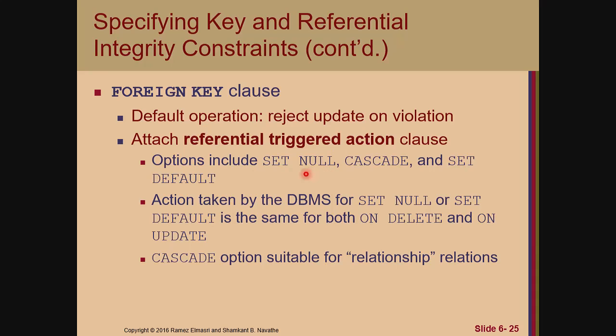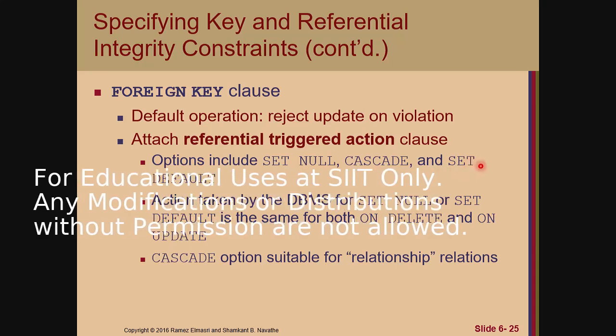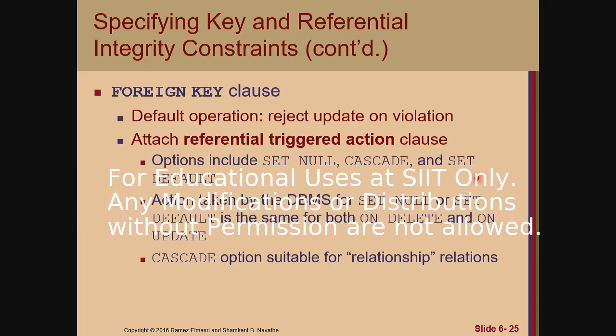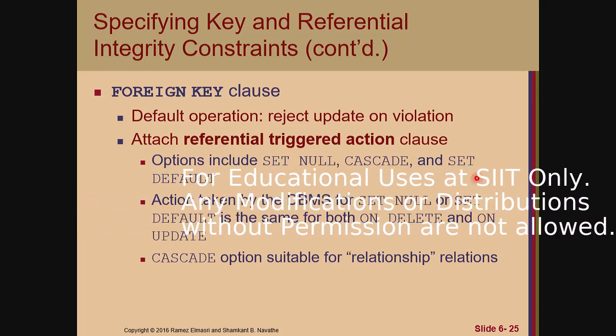SET NULL: if you delete the primary key, the other referencing table will be set to null. Or you change the data in the primary key, and the other one references the primary key, right? You CASCADE the new data that you already updated to the other tables. And SET DEFAULT is just set default when something changes or violates the referential integrity.